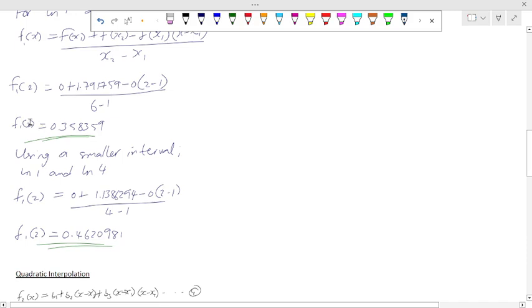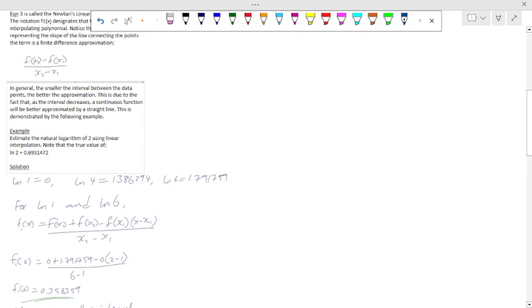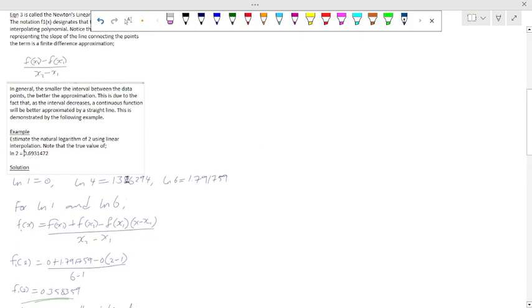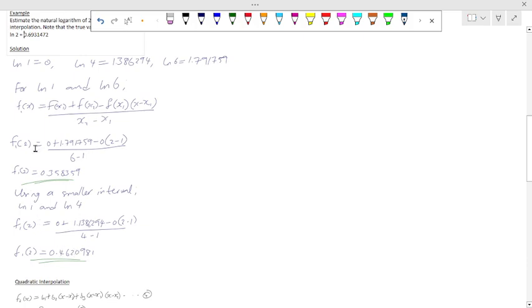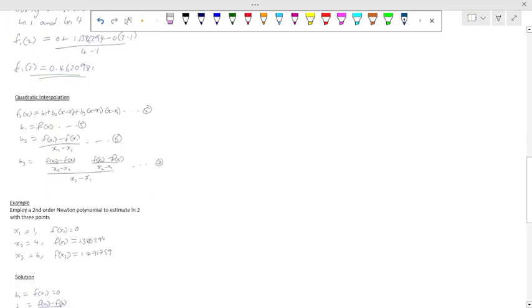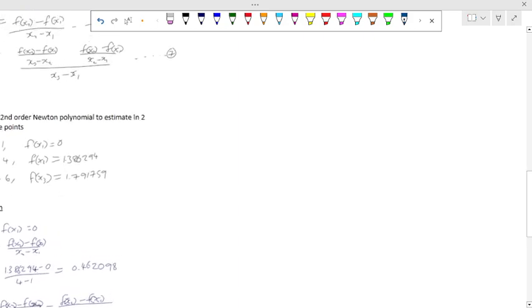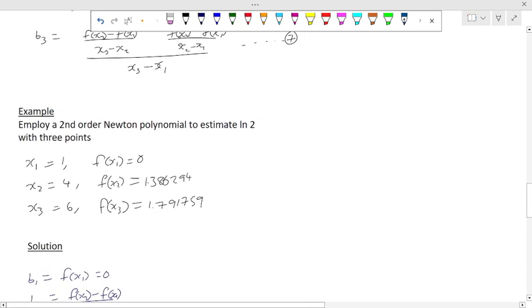For the other one we had 0.3 something, and here 0.4 something. The true value is 0.6. We can see that when our interval was smaller, the answer is closer to 0.6 compared to the other one. So that's the idea of the difference in interval.